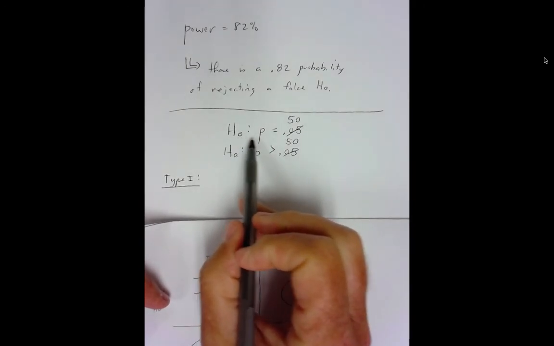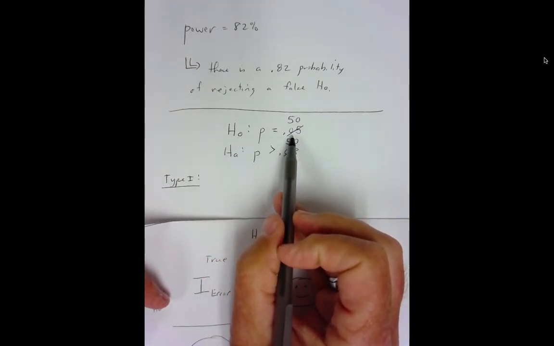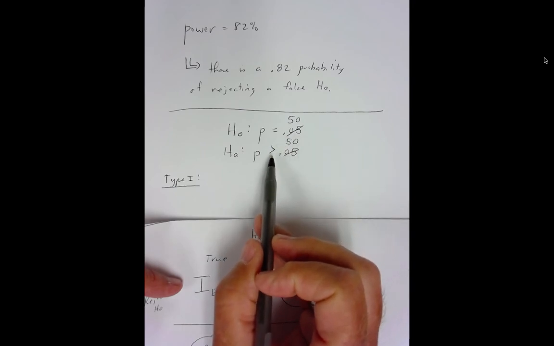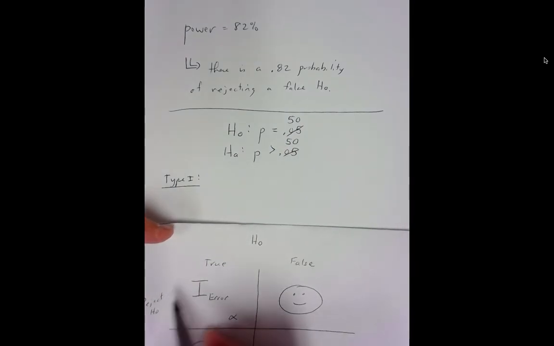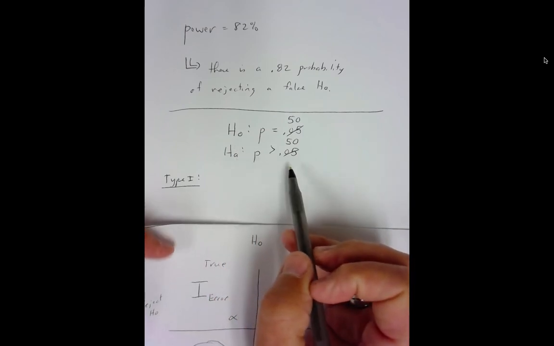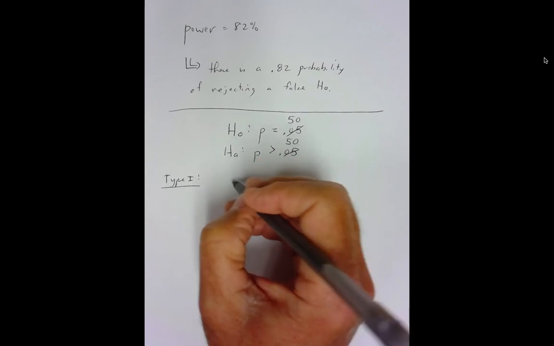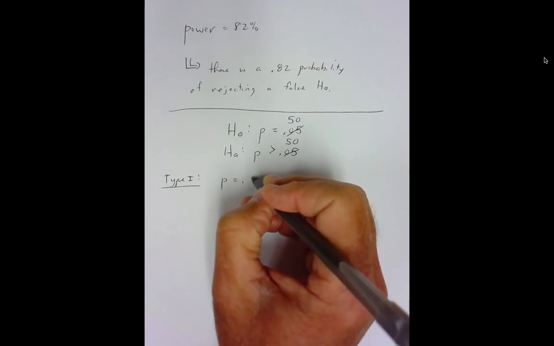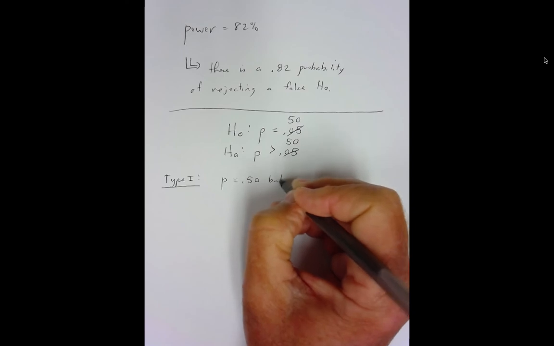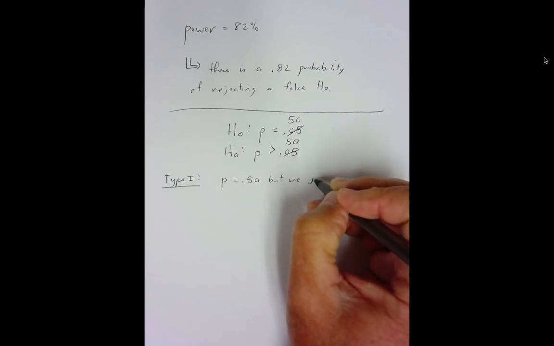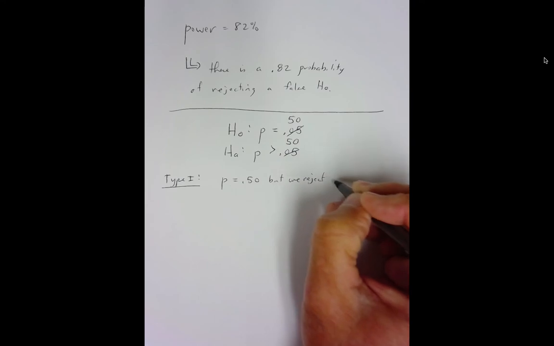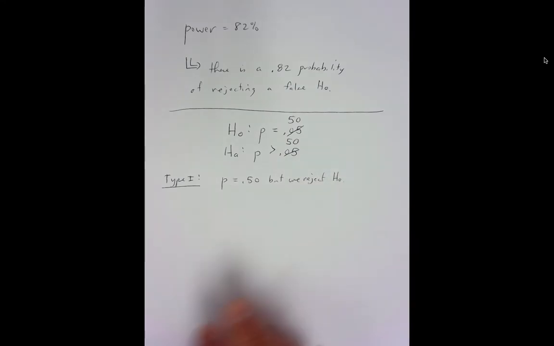A true null would be that the percentage of people who think that the rich should pay more taxes is actually 50%, but we reject that falsely, commit an error, and conclude it's higher than 50%. So put that in words. The type 1 is what? P equals 0.50 but we reject H sub 0.